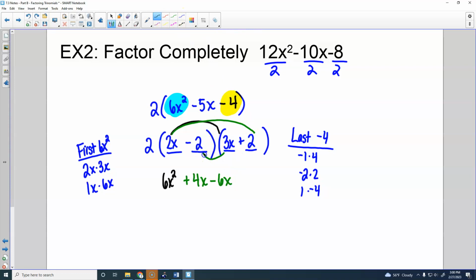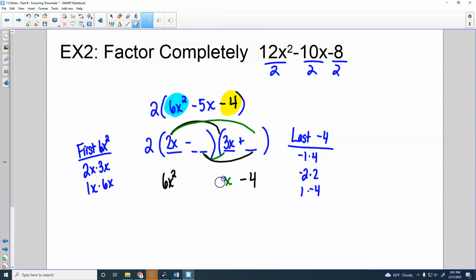And then that last term is the minus 4. So did that work? No, that did not give us -5. It won't help to switch where they're at on this one because they're both 2's, so it wouldn't make a difference there. I mean, it would change the sign if we switched the sign, but it wouldn't give us a different number. So I don't think the 2's are going to work.